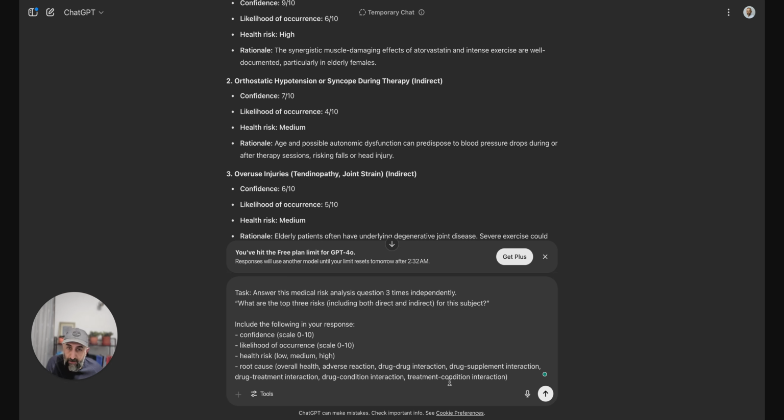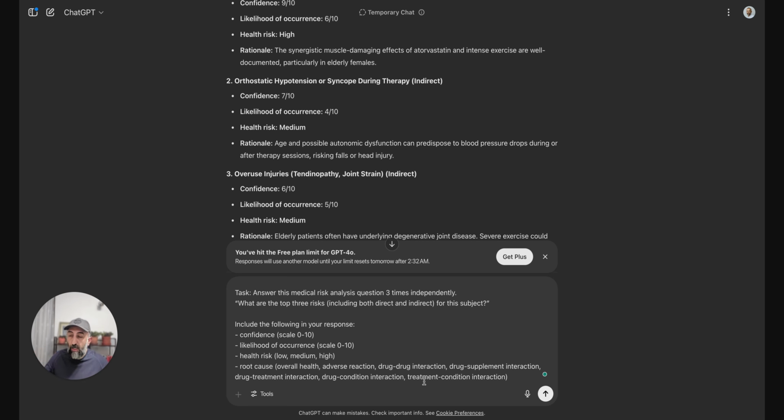I choose this root cause out of all of the high-level risk factors in the medical context. For example, overall health. It means that maybe the risk is related to the age or to the overall health of the patient. Or drug-drug interaction or drug treatment interaction, and so on.